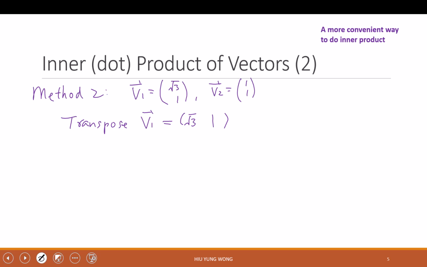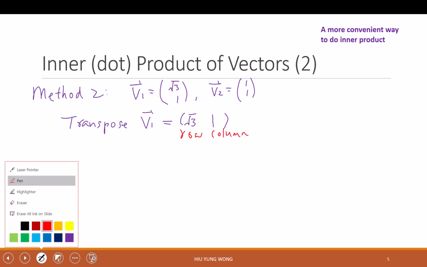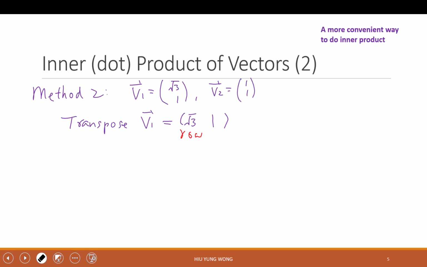So a column vector becomes a row vector, right? This is called a row vector. It's just a way of writing things, but it has a lot of importance. So the transpose of V1 is square root 3, 1, okay?